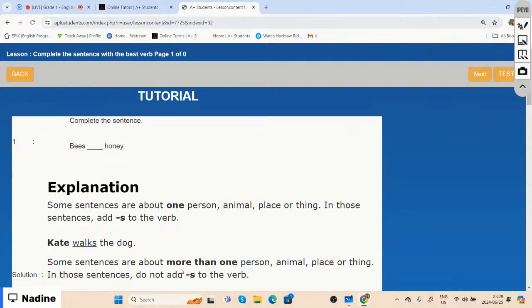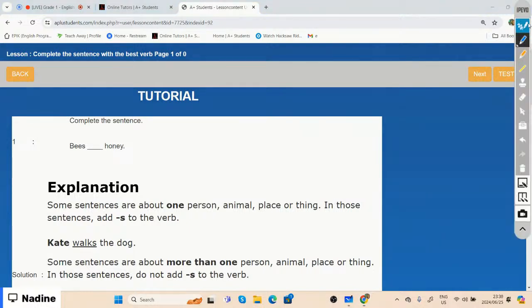Instead of saying Miss Nadine talk, we say Miss Nadine talks, because I'm one person doing something. So we can then say Miss Nadine talks. Oopsie.